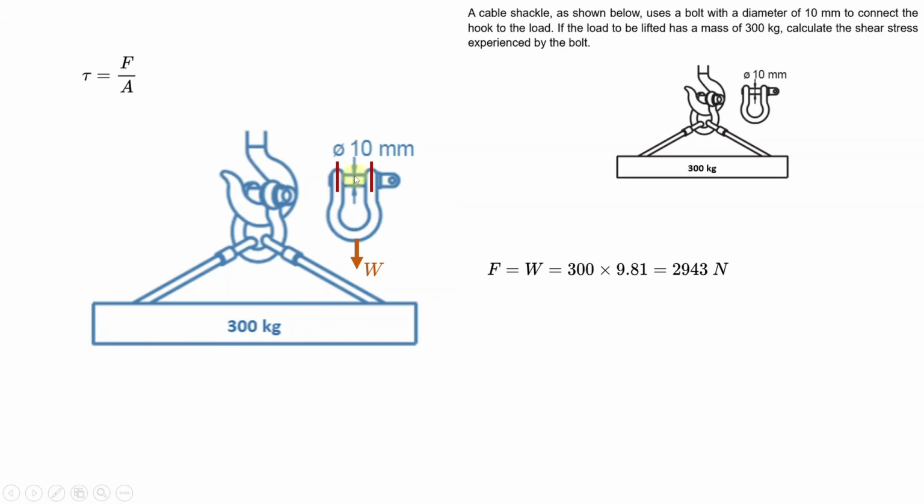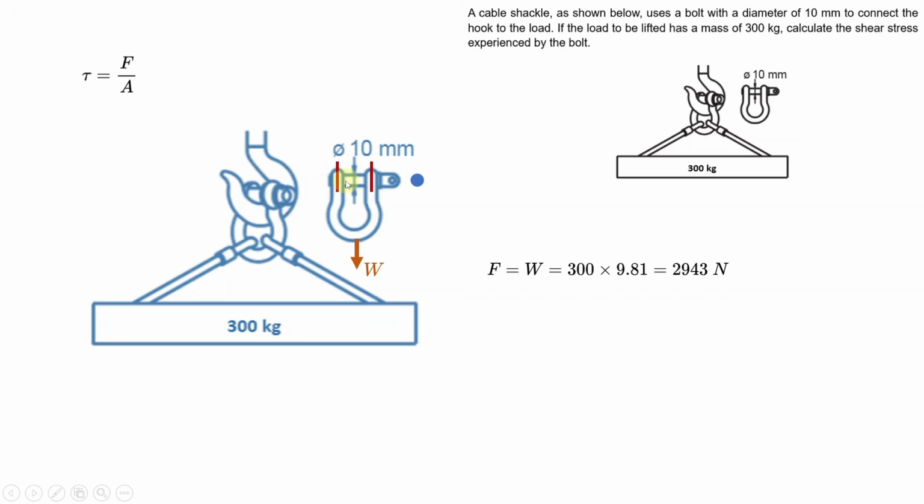If you look at this bolt here, you know that a bolt has a circular cross section. The cross section of this bolt, of course, is a circle, as you can see here. And in this case, we have shear at two places. We have shear here, so you will have that cross section there, which is a circle, and then you have shear again here.